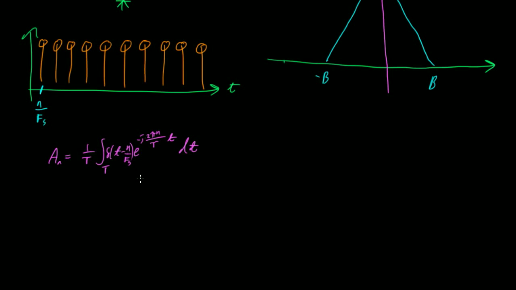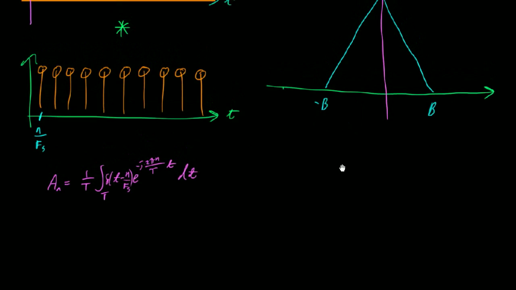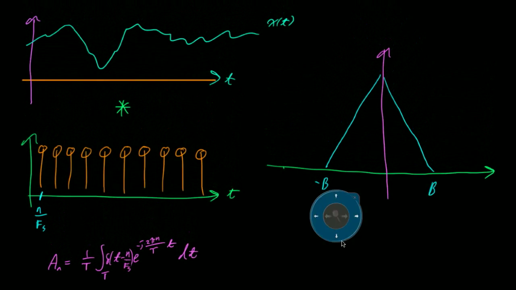What we define, as a mathematical definition, is that this integral is equal to whatever the coefficient is of your delta function. In this case, the coefficient for our impulse train is just 1.